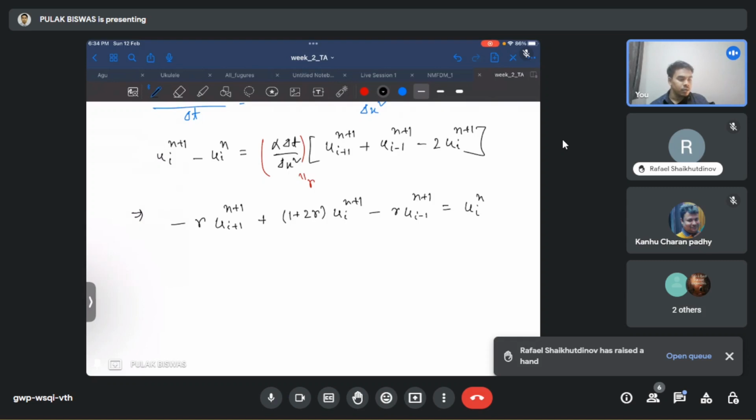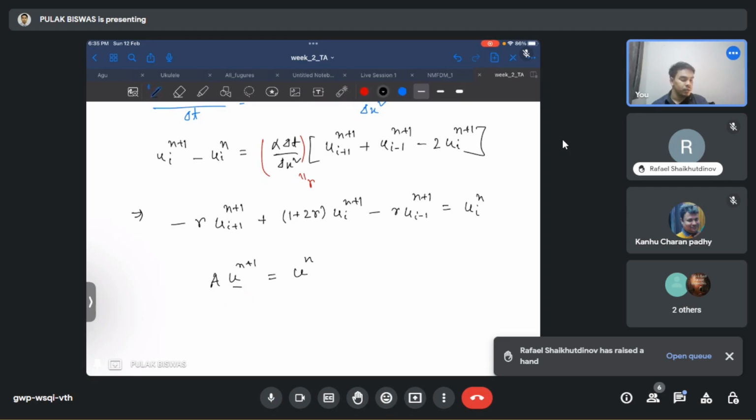So one matrix A times, suppose, u n plus 1 comes, and here u n, some vector is there, and we can solve this inverse problem to calculate the values of this vector.